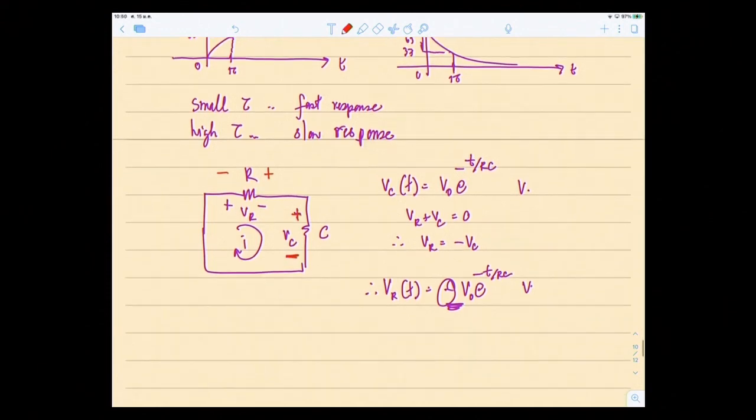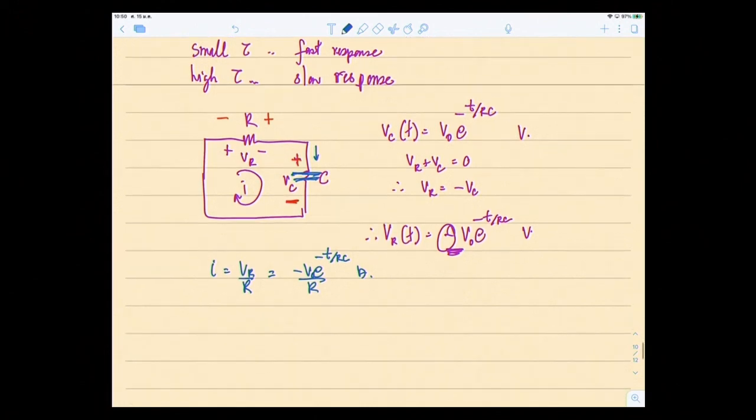What about current I? If you use R, I is equal to VR over R, so it's minus V naught e to the minus t over RC, over R. That's the answer. Another way you can calculate is this: I is the current passed through a capacitor, so the formula is I equals C dVC by dt.